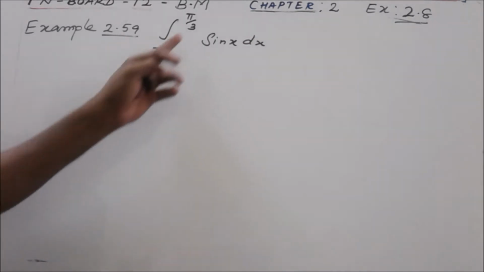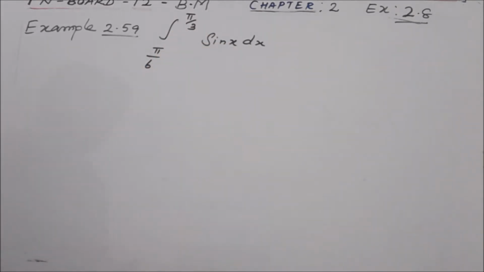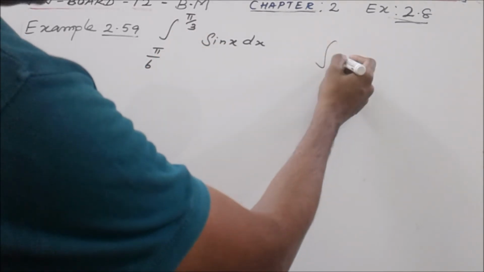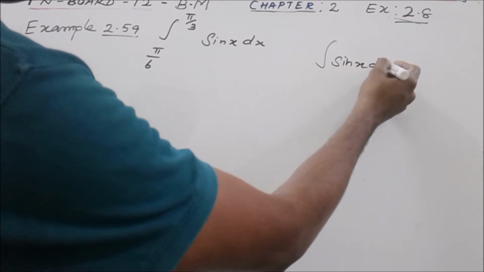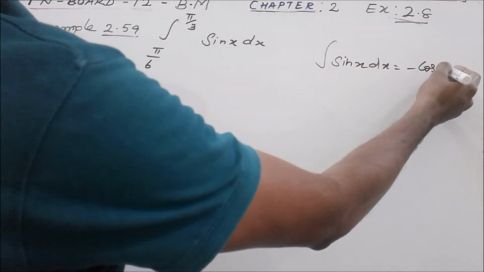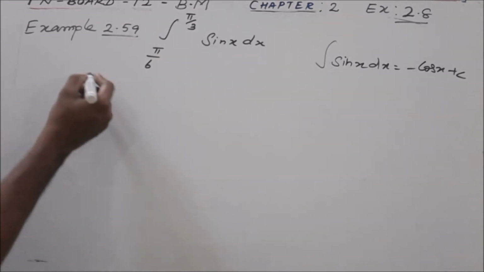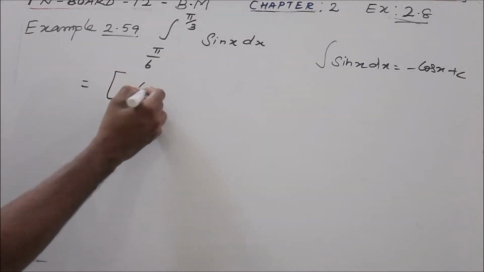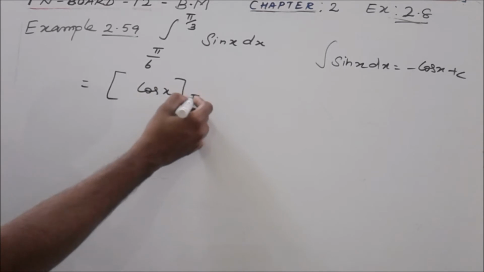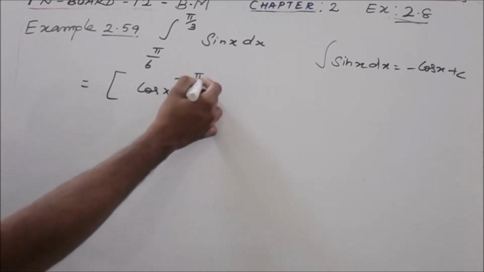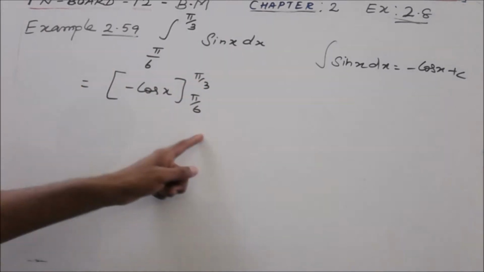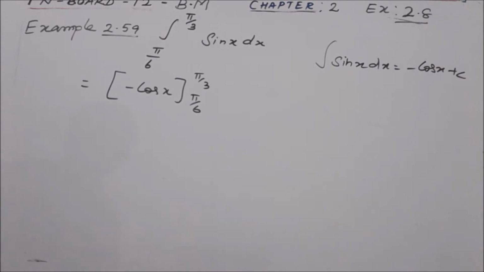Here, you can directly go by the formula of integral sin x. Integral sin x dx is equal to minus cos x plus c. So substituting, integral sin x is equal to minus cos x, limit pi by 6 to pi by 3.